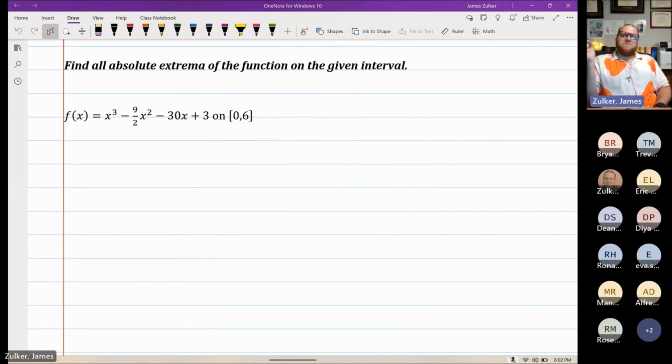So this gives us a way of finding absolute extrema of a continuous function on a closed interval. First thing that we do, find the critical points.